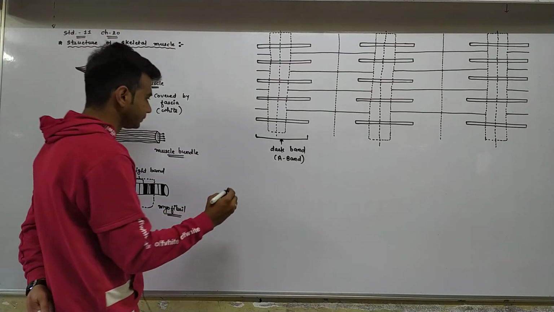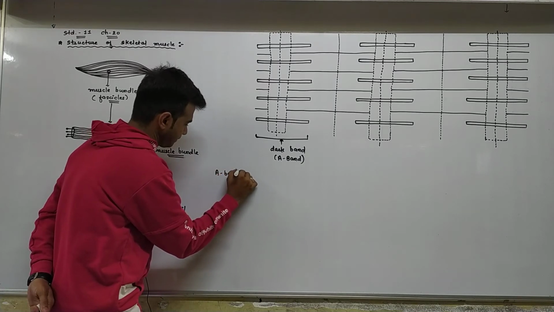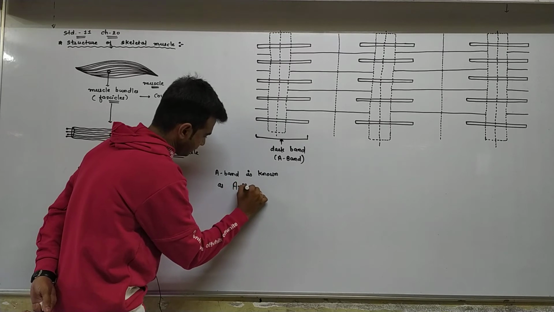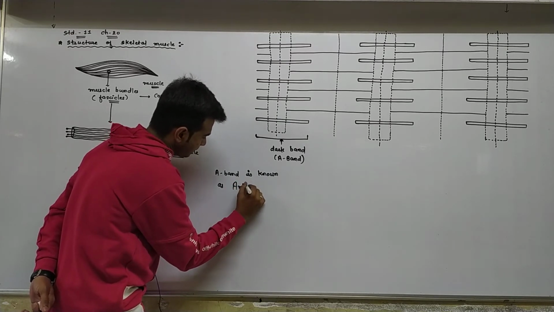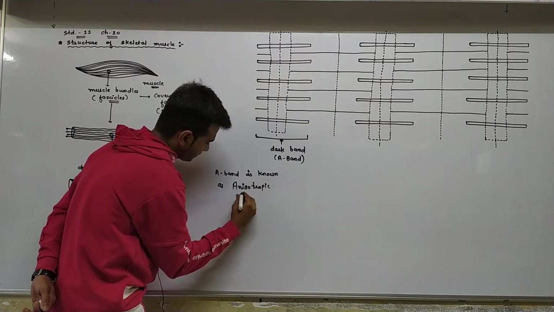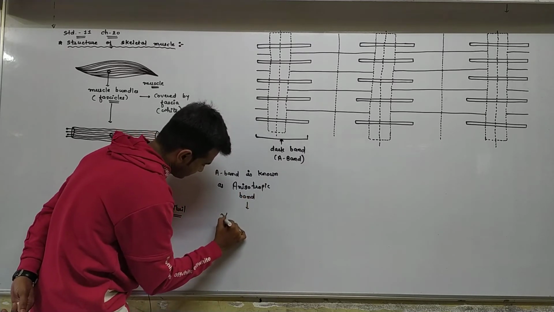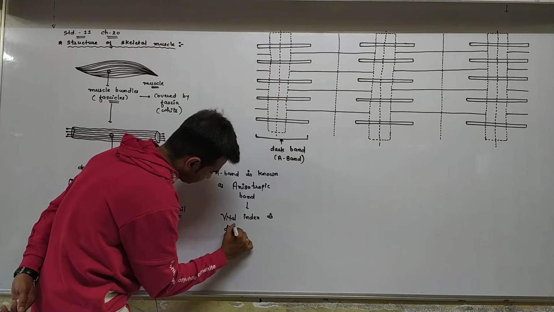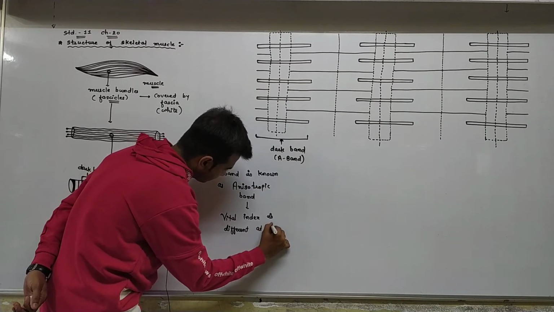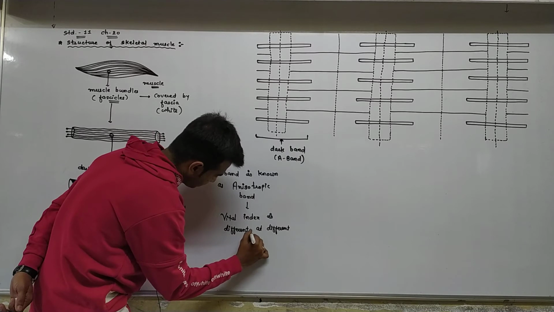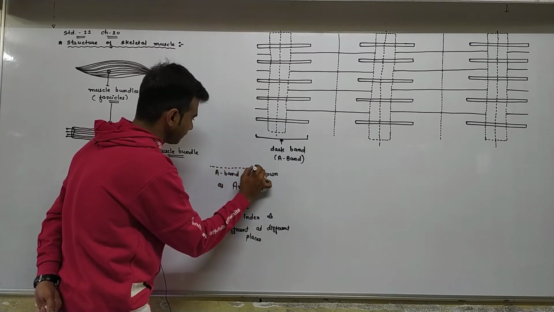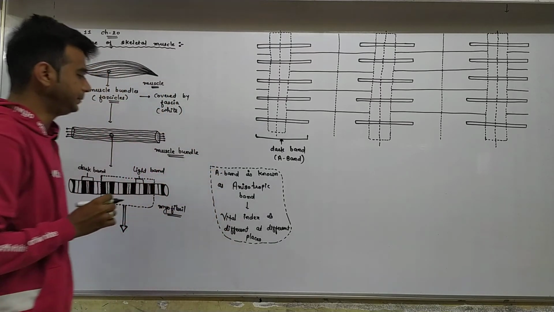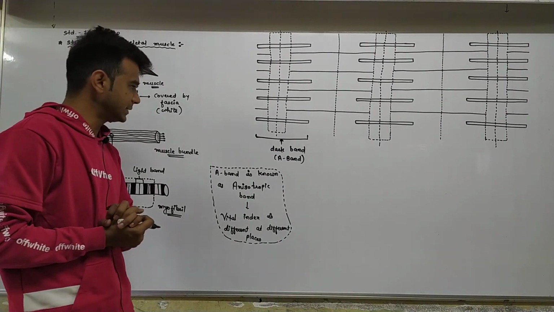Because here the dark band is known as the A band.